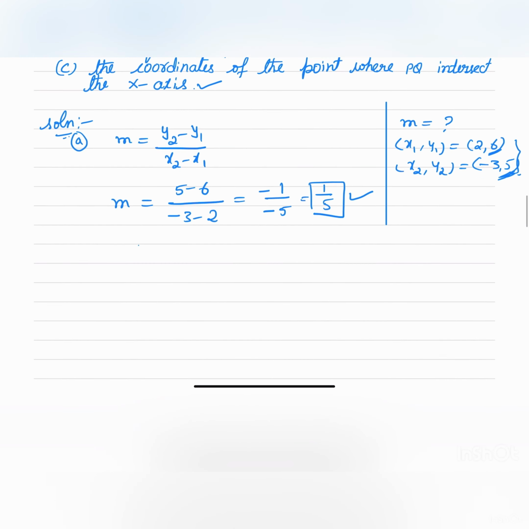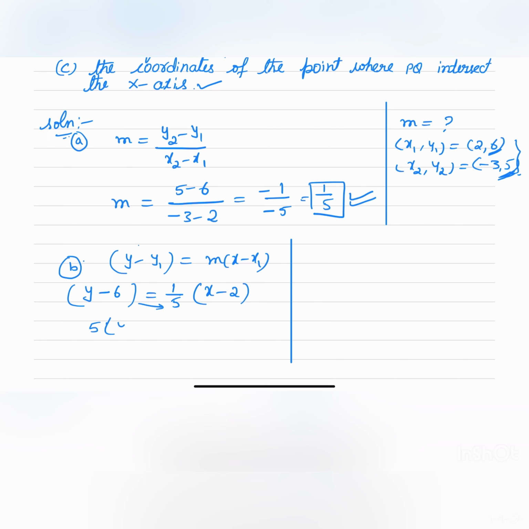Then the second one, equation of PQ. The equation of PQ will be y minus y1 is equal to m into x minus x1. Okay, so we will substitute all the values here. Y minus y1, which is 6, is equal to m, which is 1 by 5. We have already got this. And x minus x1, which is 2. Let us simplify by cross multiplying this. 5 into y minus 6 is equal to x minus 2.